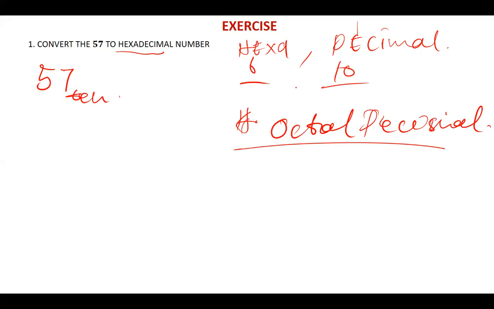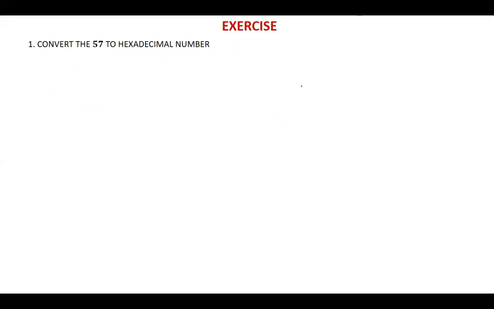So we have a lot of different numbers. Let's now learn how to convert from base 10, which is decimal, to hexadecimal. So we have 57, which is in base 10, and now we have to convert this to hexadecimal. How do we do that? This is simple and straightforward. We're going to write 57 there, and we're going to use successive divisions.